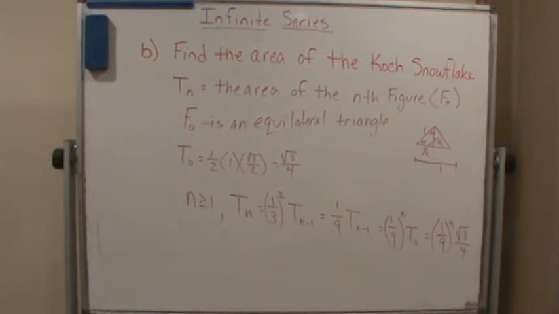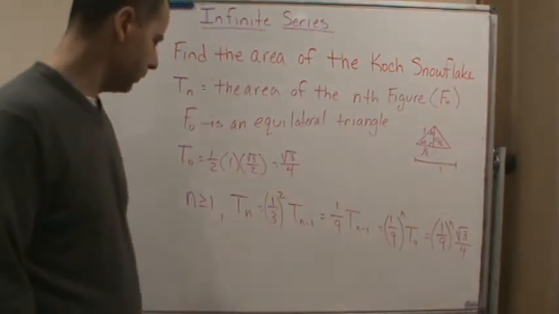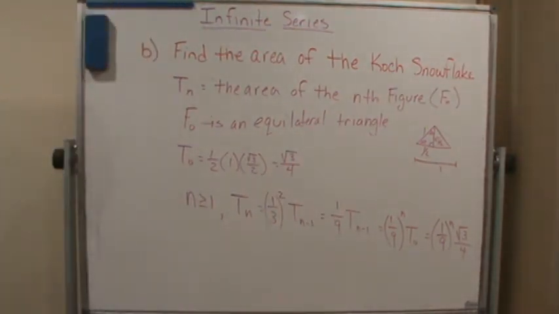Okay, so now therefore T sub n equals this, and since a new triangle is formed on each side of f sub n minus 1. So this is what we have for T sub n, okay? Now remember, what does T represent? It denotes the area of each new triangle created when forming f sub n.